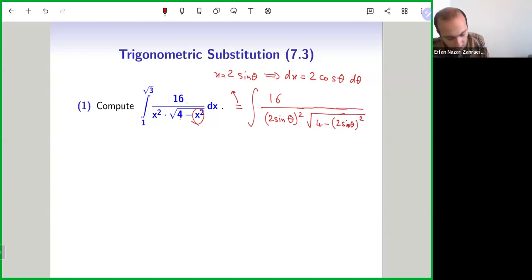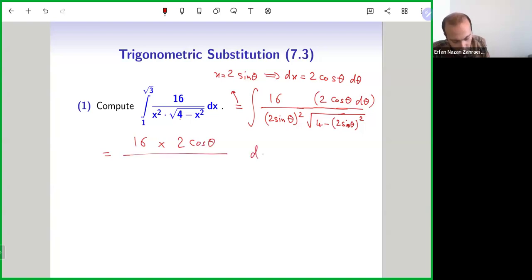And then I have dx. dx is this. Let me write it here. dx is 2 cos theta d theta. That's dx. Okay, let me simplify it. First, I have this 16 times 2 cos theta d theta.